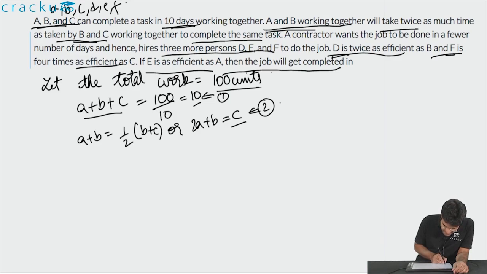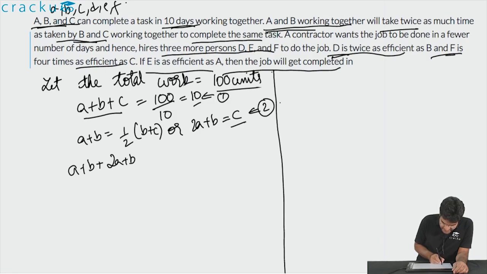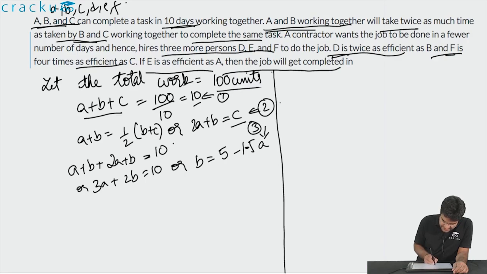So A plus B plus 2A plus B is equal to 10, or 3A plus 2B is equal to 10, or B is equal to 5 minus 1.5A. This is the third equation.